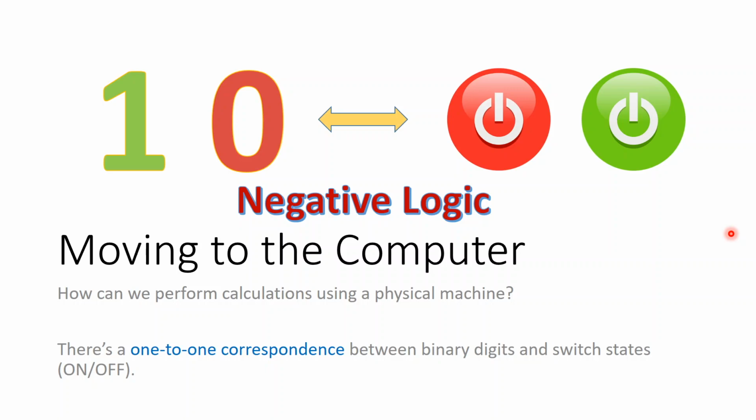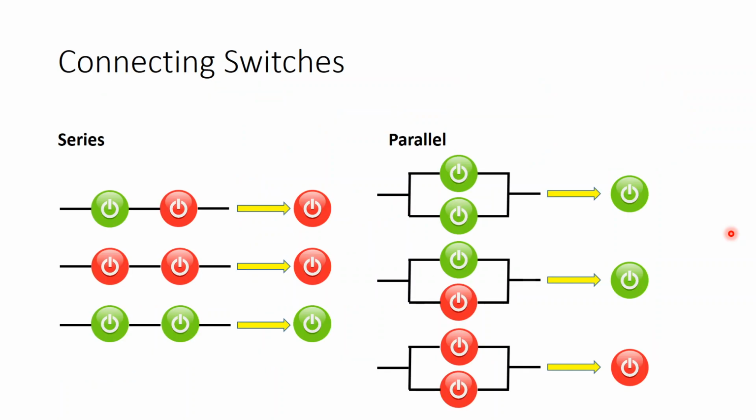So when we have the physical switches in a machine, what happens? These elements are connected in some way. So the physical entities can be either connected in series or in parallel. So these switches in a machine are either connected in series or in parallel, as you see in the diagrams.